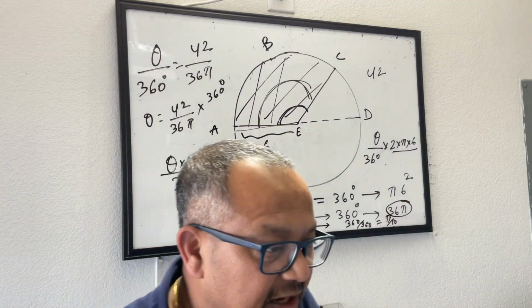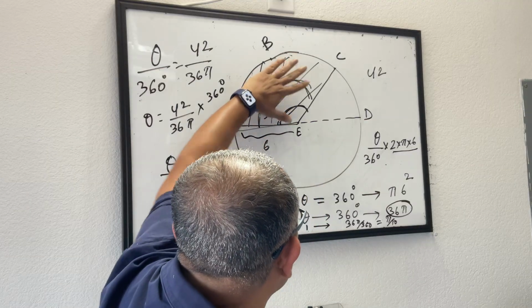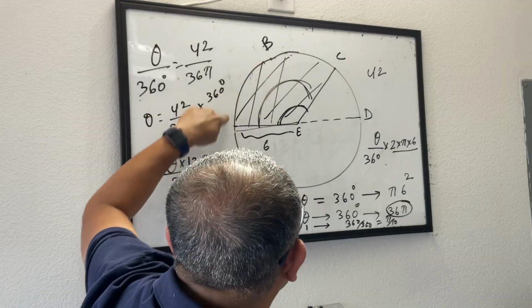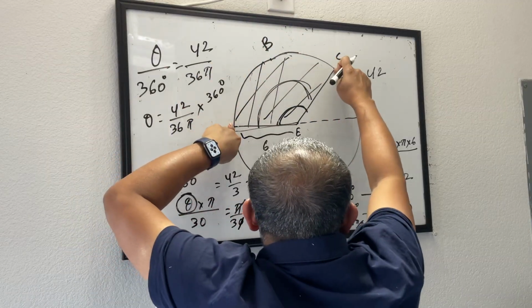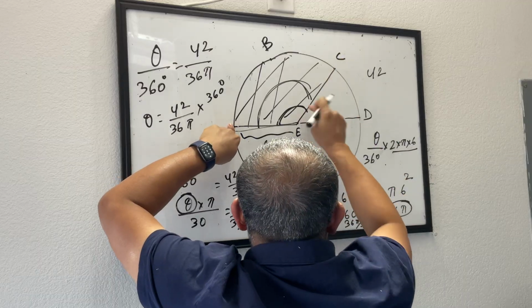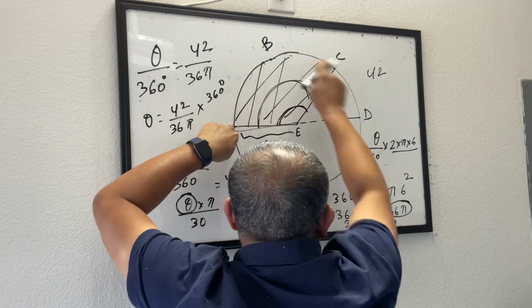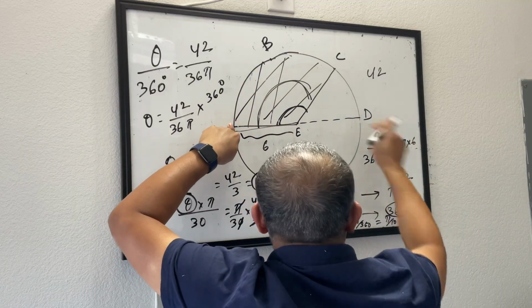If I take you guys back through the journey of how we solved it: we knew this area, we knew this radius, and we were asked to find the length of this arc. First, if I have to find the length of the arc, that will be theta, this angle which we didn't know so far, by 360 degrees times the whole perimeter, 2 pi r.